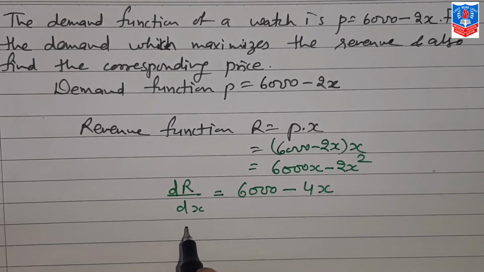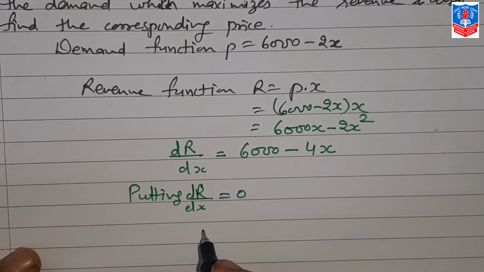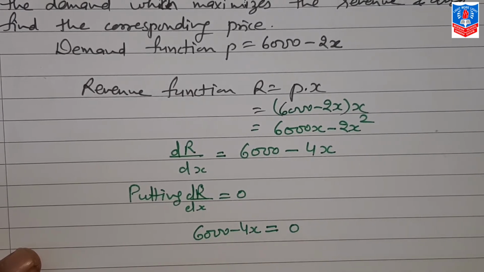Now our first condition, that is putting dr upon dx is equal to 0. So that will be 6,000 minus 4x is equal to 0. So the value of x we will now find.